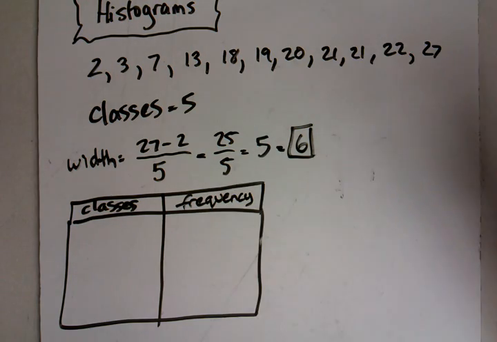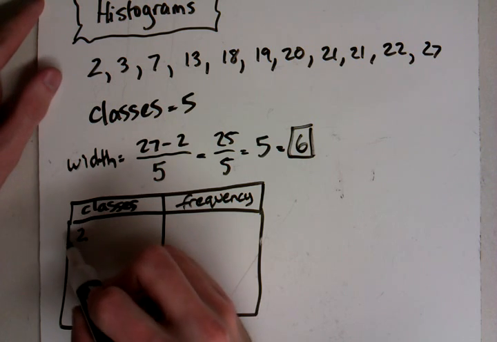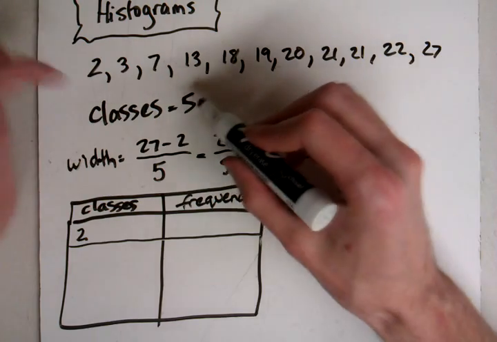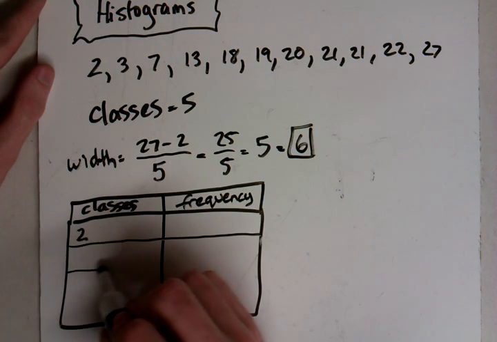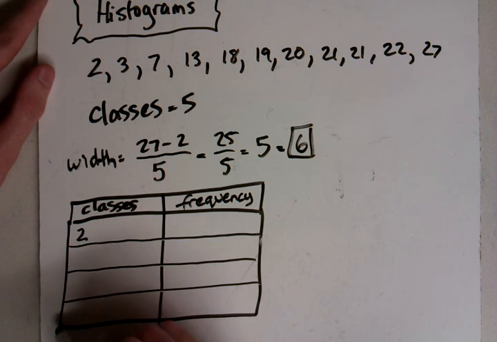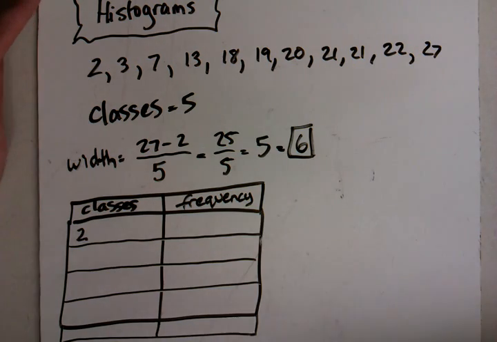So how do you start this off? Good question. Take your lowest number. Remember, we want 5 classes altogether, with a width of 6.